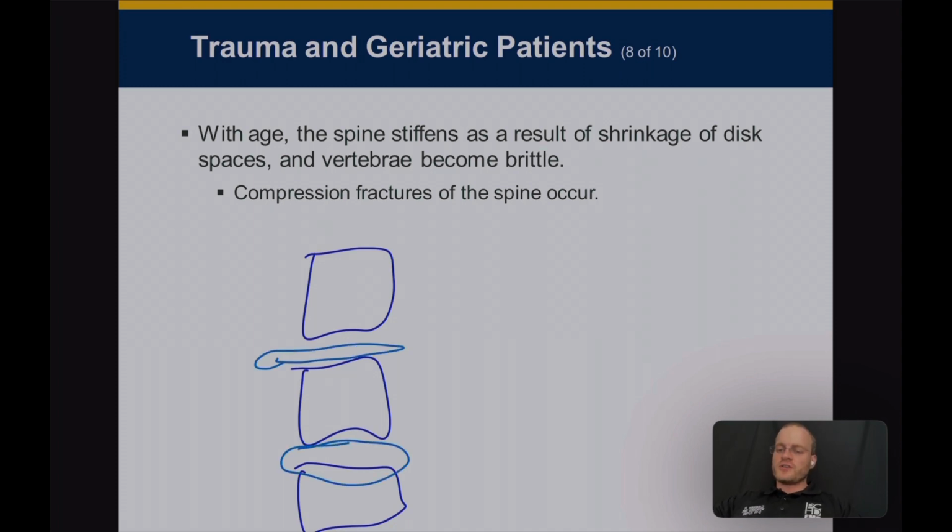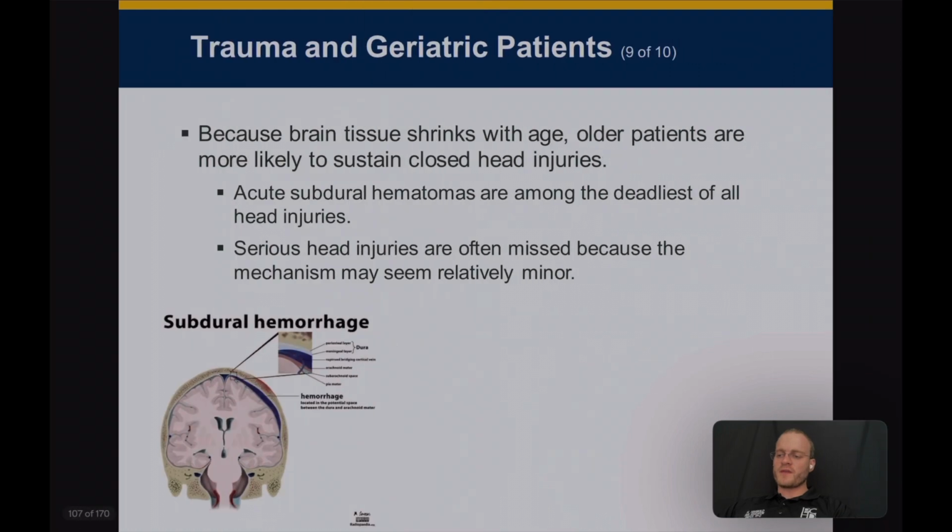And so there's less cushioning, and so you can end up with a fracture in these vertebrae, and that's called a compression fracture. Who gets this? Older people who experience a fall. Most commonly, it's going to be someone with osteoporosis. In fact, a compression fracture of the spine and osteoporosis go together like bread and butter.